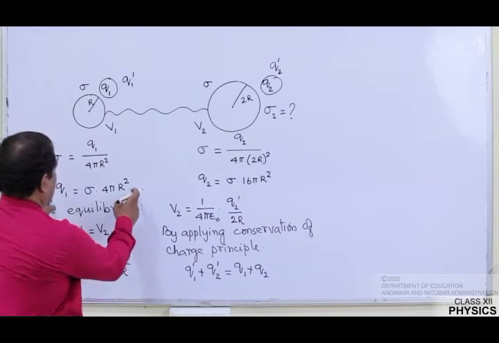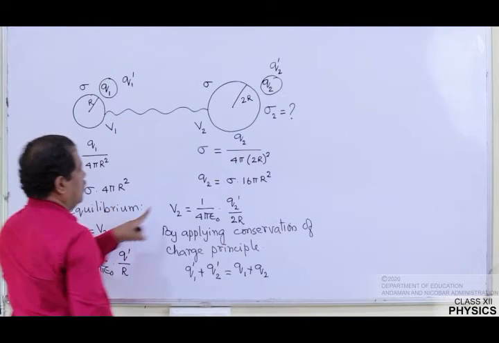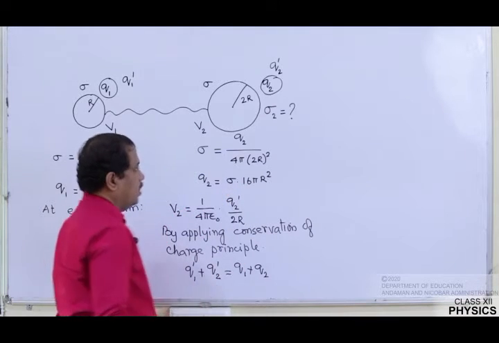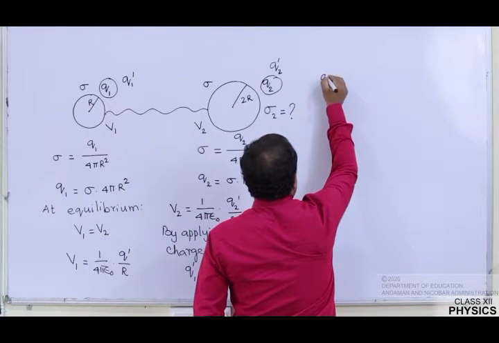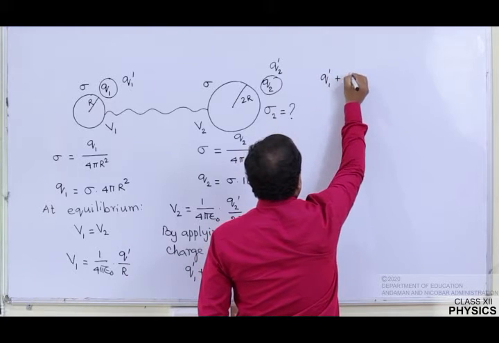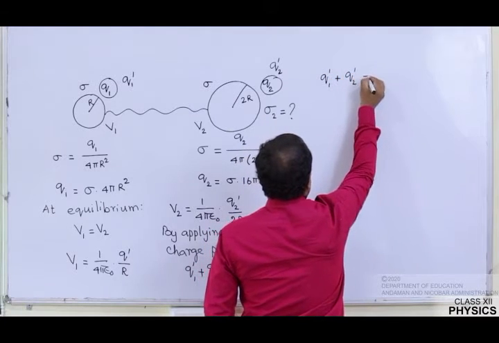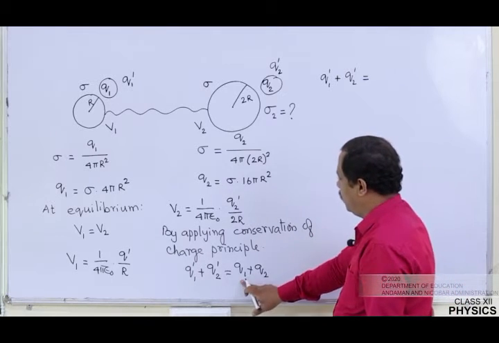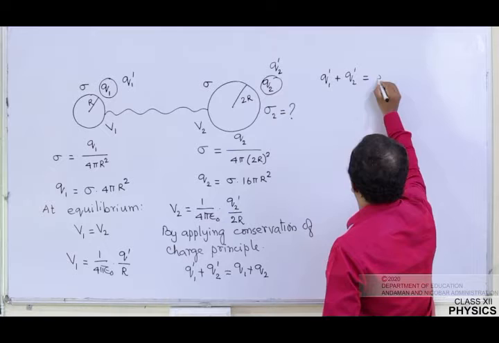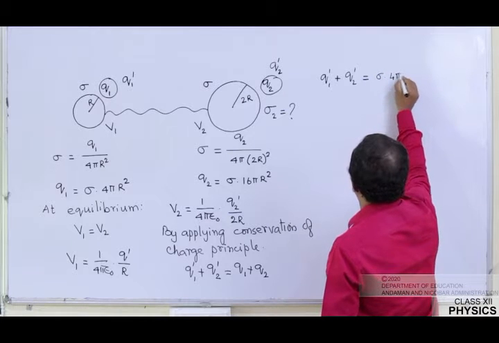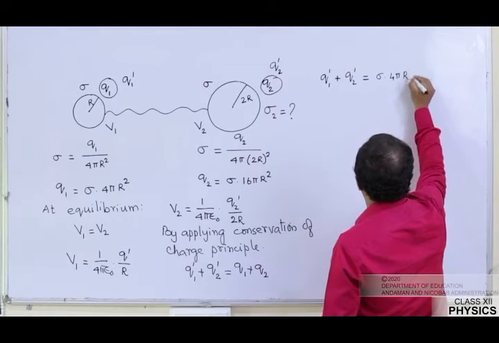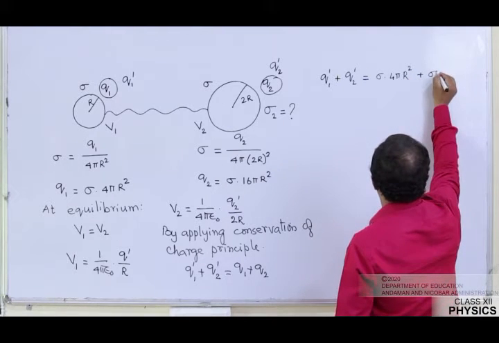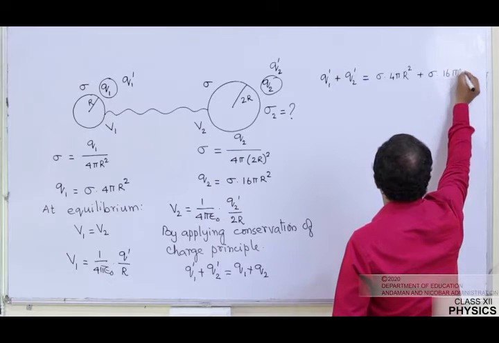However, what is the charge q1? This is sigma 4 pi r square, and here q2 is sigma 16 pi r square. So as such, I can rewrite q1 dash plus q2 dash as sigma into 4 pi r square plus sigma into 16 pi r square.